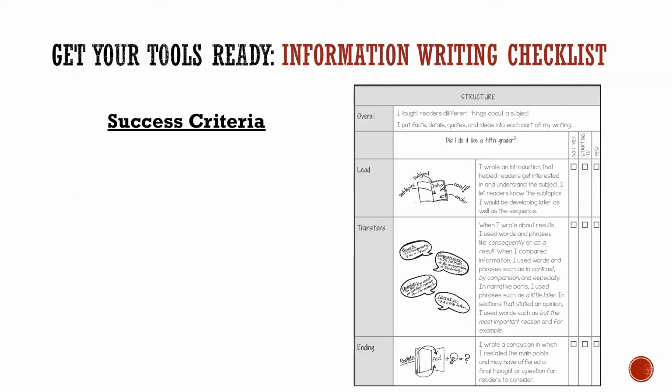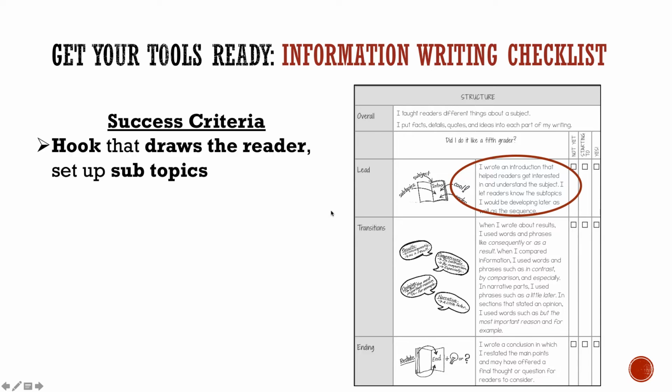So this is a copy of the information writing checklist here, and there are some things that may look familiar. Some of you, it's been a little while since we looked at this, but I just want to go over it really quickly with you. So first of all, we have the lead, we have some transitions and endings, some stuff to make sure that you're paying attention to as you write. So in the introduction, you're going to want to make sure that you hook the reader, right? You've got to set up your subtopics, get them interested in what you're going to be writing about.